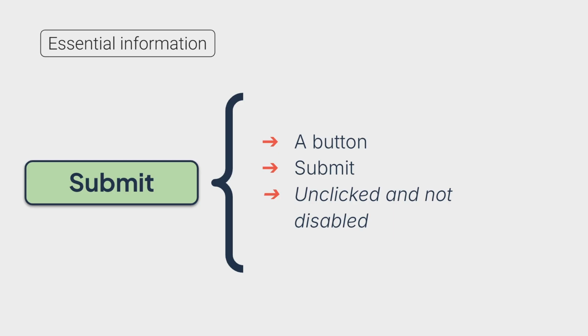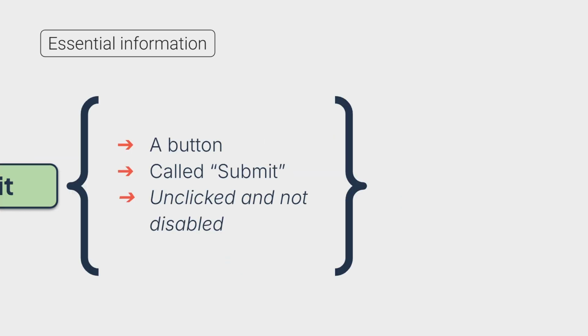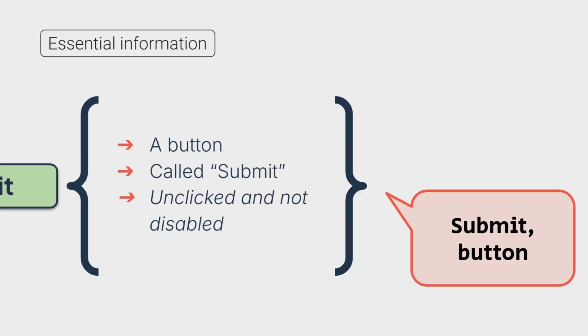So those last ones in this example, they're inferred. So it's a button, it's called submit, and how a screen reader would read that to us is like that, submit button. Basically all of that we can usually do with HTML, like that name, what it's called, that just comes with our semantic HTML.